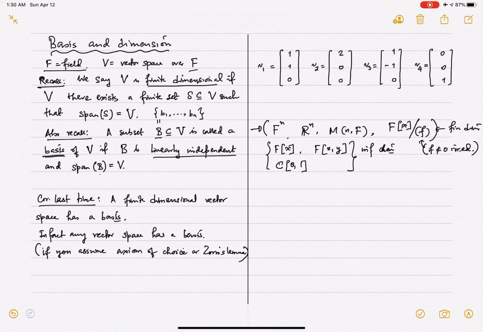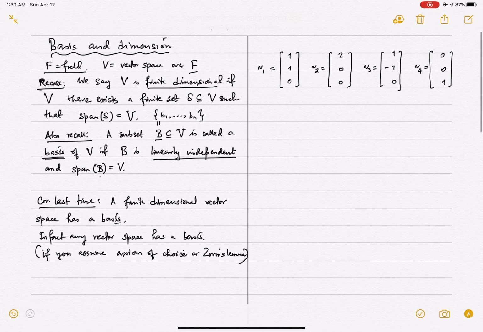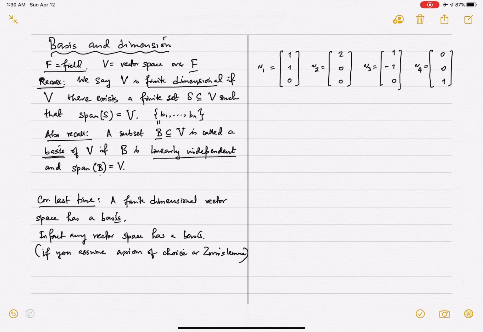Okay. And if you want to have some example of this spanning business, I wrote down a few vectors up here on the right, so 4 vectors in R^3. The first 3, for example, do not span R^3. Because you can see clearly whatever linear combination I take of v1, v2, v3, the last coordinate is always going to be 0.